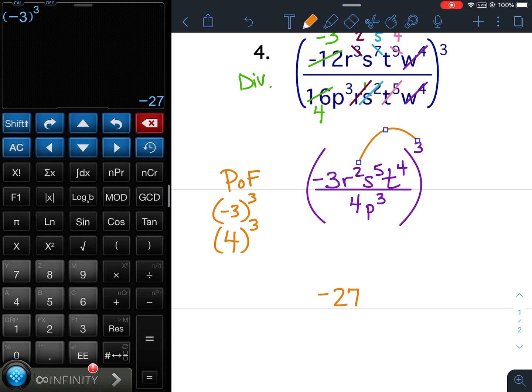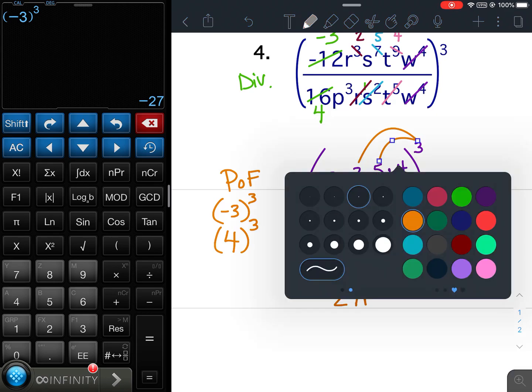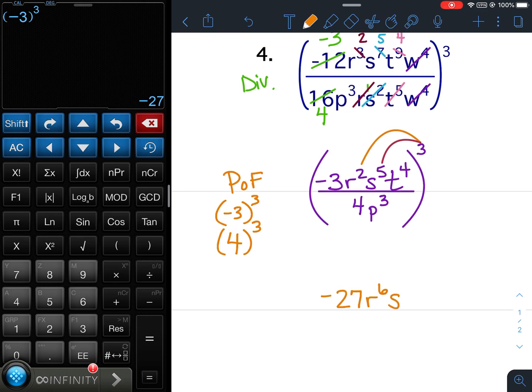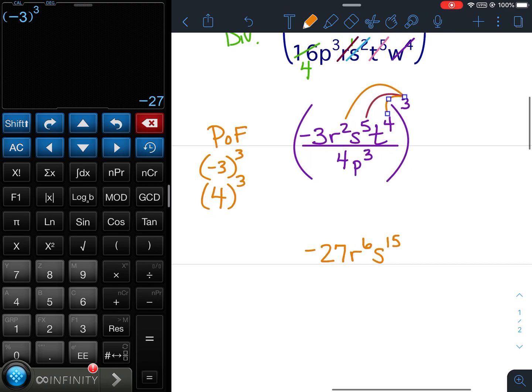Three times 2 gives me r to the 6th. Three times 5 is s to the 15th. And 3 times 4 is t to the 12th.